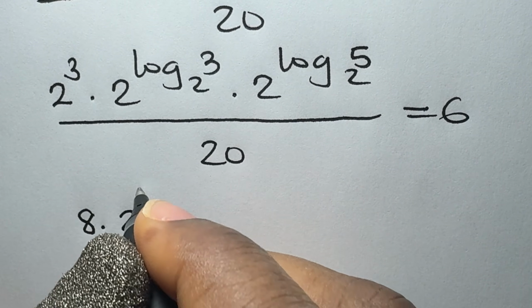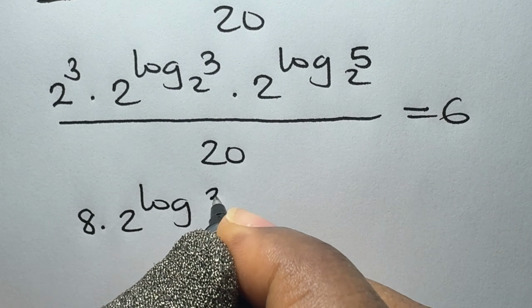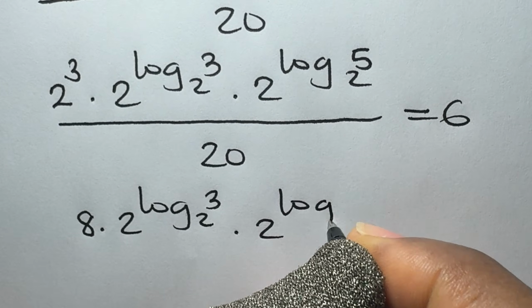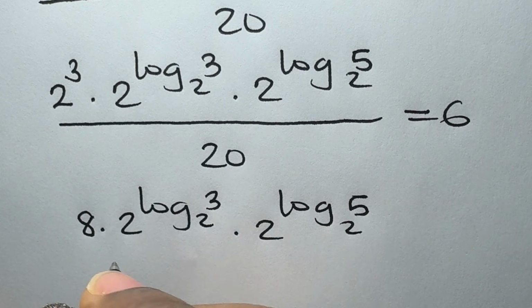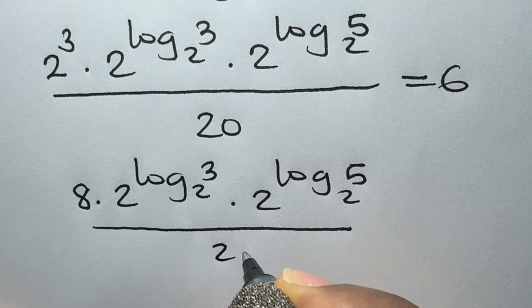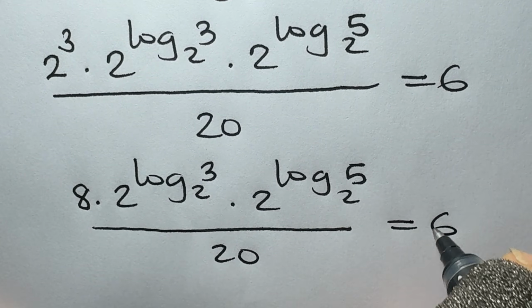Then we have 2 raised to power log 3 base 2, 2 raised to power log 5 base 2 divided by 20 is equal to 6.